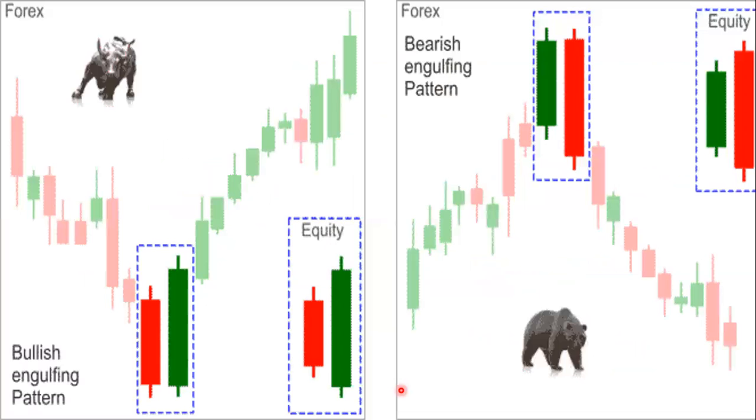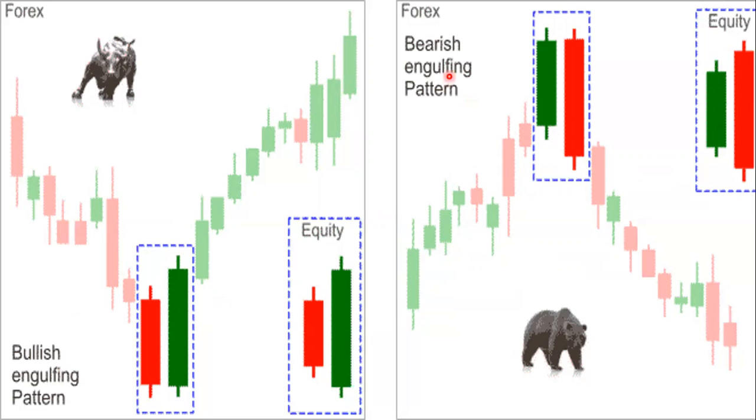Here is the example for the bullish engulfing and bearish engulfing together. So we understand. The bullish engulfing comes on the bottom. You see, this is a bottom of the chart. Here is the bullish engulfing coming. A bigger bullish candle comes after a smaller candle, and directly the price is rising up.